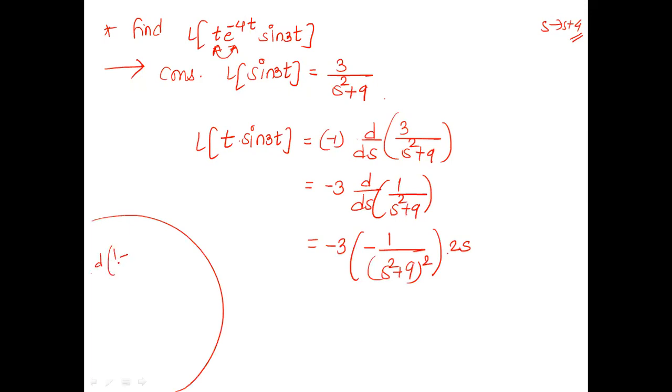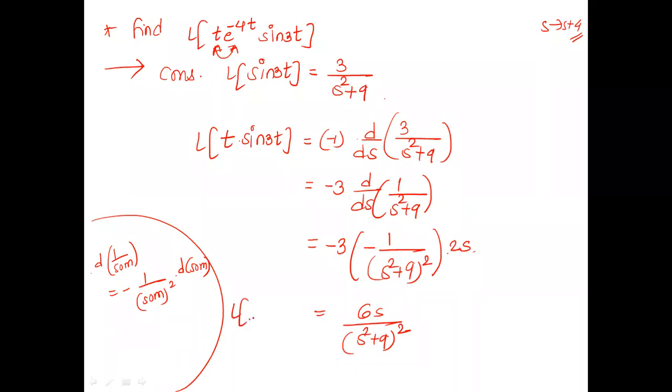Derivative of 1 upon something is minus 1 upon something square into derivative of something. So minus 1 upon something square into derivative of that something is 2s, minus minus plus, 3 into 2, 6s upon s square plus 9 bracket square. This is Laplace of t sine 3t.